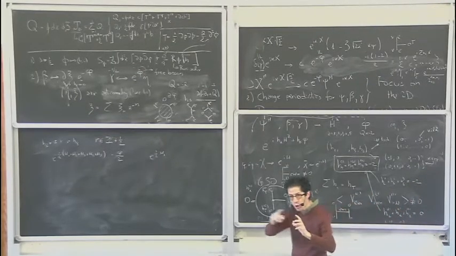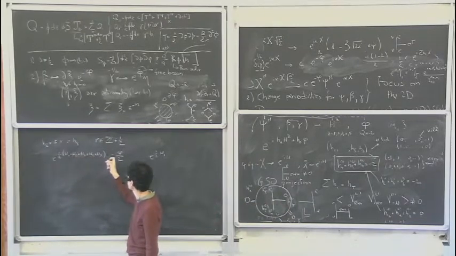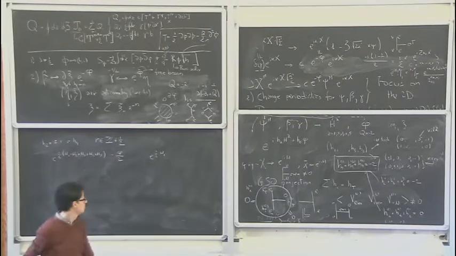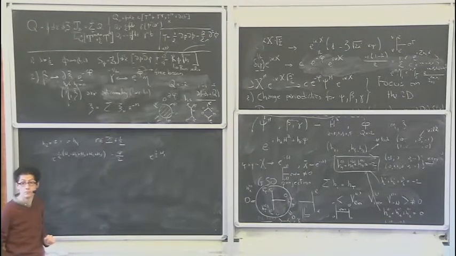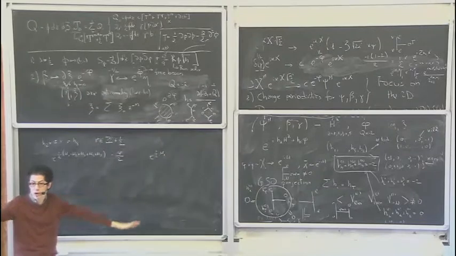So they have to be all half integers. So they can be like 1/2, 1/2, 1/2, 1/2, 1/2, minus 1/2. Or they can be 1/2, 1/2, 1/2, minus 1/2, 1/2, minus 1/2. And then you have a new set of points in your lattice, right? An infinite new number of states.